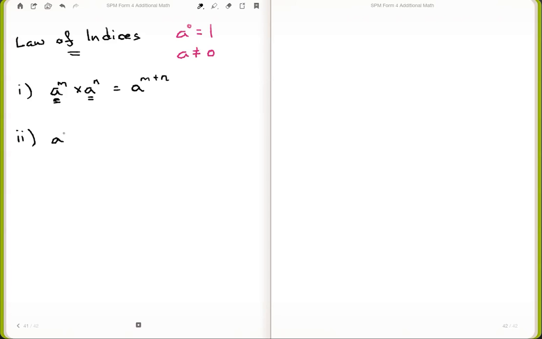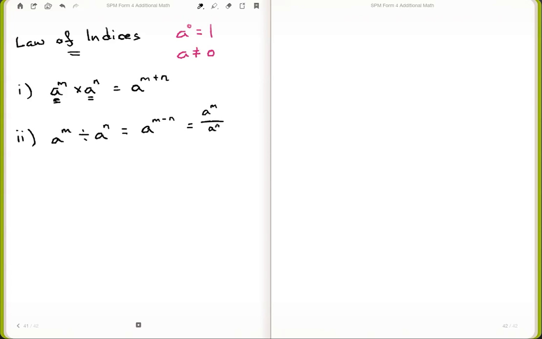What happens if you have a^m divided by a^n? The base number remains the same. When it's division, then there will be m minus n. Or in another form, it is also equal to a^m over a^n.